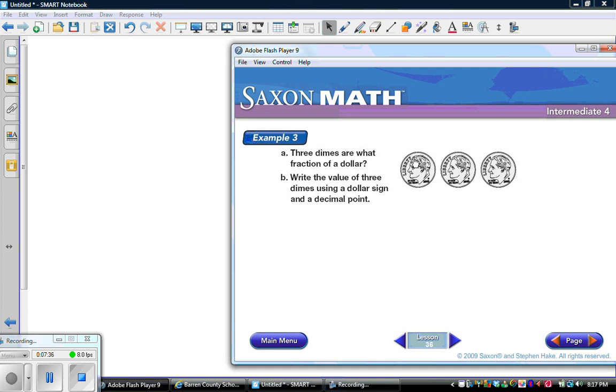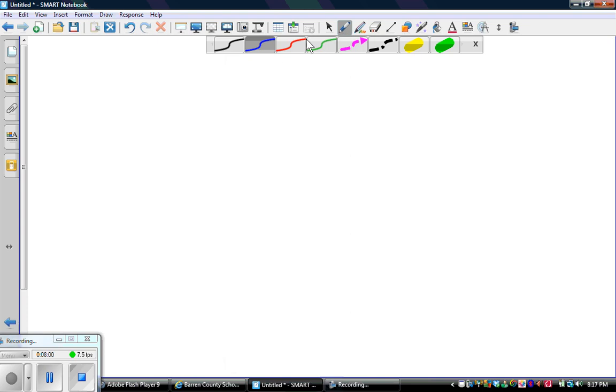Let's look at what each of these is. 1 dime is 1/10 of a dollar, right? It takes 10 of them. I'm talking about 1 dime. I would need 10 for a whole dollar. So if each of these is 1/10, here's 1/10, 2/10, 3/10. So the best answer for A is to say 3/10.